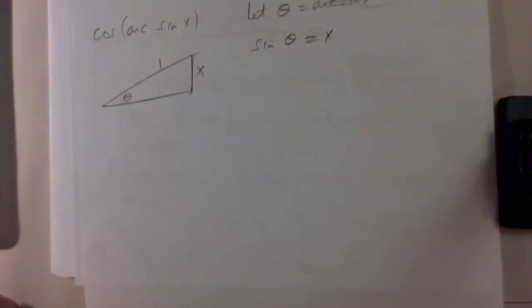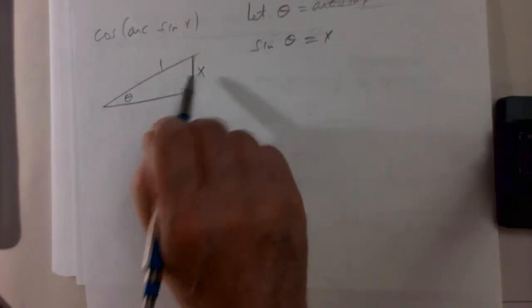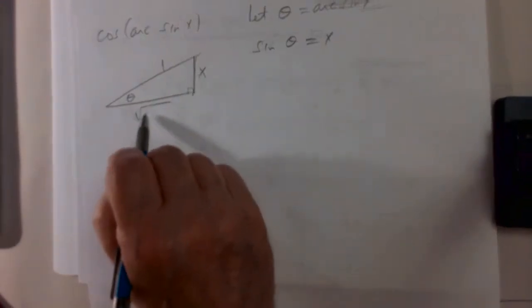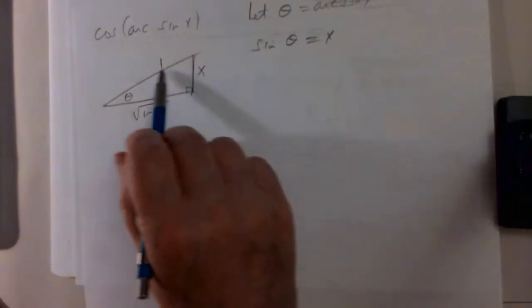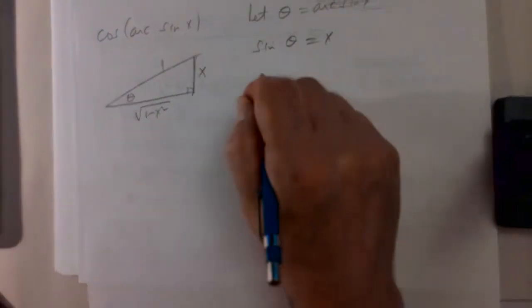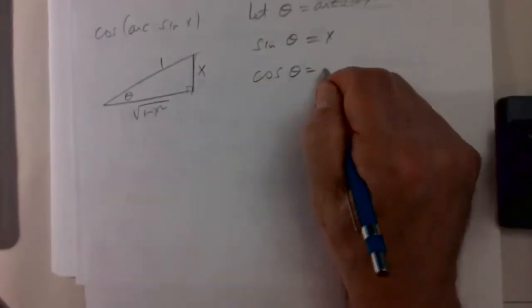This is x. And if this is a right triangle, this is 1 and this is x, by the Pythagorean theorem, this is square root of 1 minus x squared, because this squared plus this squared equals 1. So cosine of theta is the square root of 1 minus x squared.